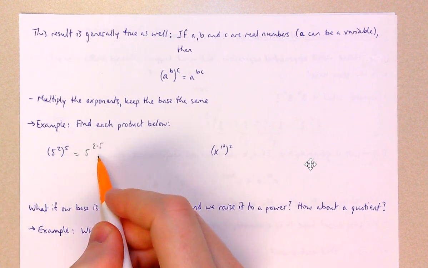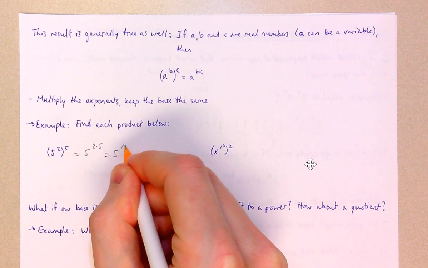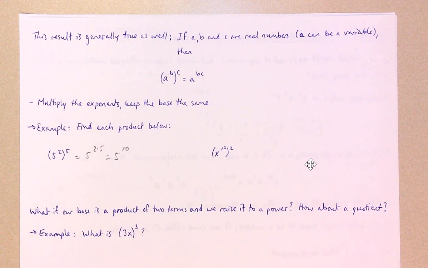And it's going to be 2 times 5 here. So 5, and we all know 2 times 5 is 10. So 5 raised to the 10th power. Again, you could plug this number into your calculator and you would get an actual value. It's going to be another large value, but you could find it.